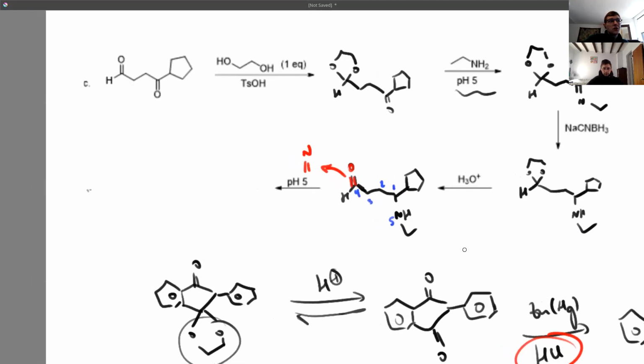Okay, so what's our final compound going to look like? Here's this stuff on the side that we're not that interested in. There's our nitrogen, right? There's carbon 1, no, this was carbon 1. There's carbon 2, 3, 4, and 5. 5 is the nitrogen itself, okay?